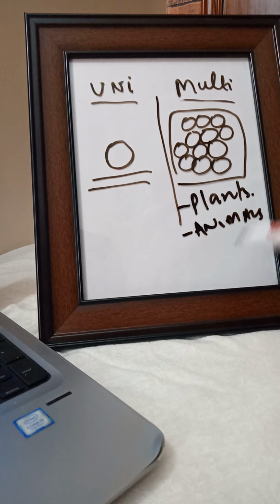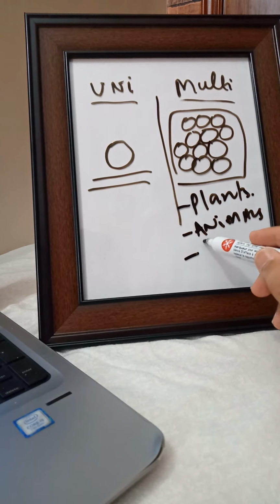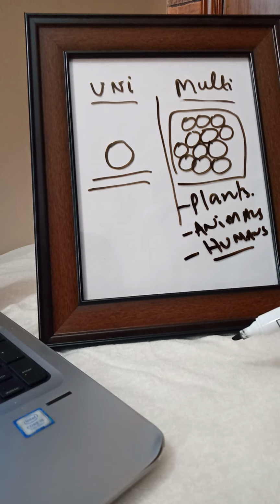I can see cats, dogs, fishes, or other animals just moving around, even the birds. These animals are composed of too many cells. That's why I can see them very easily. And even, of course, humans. We are also multicellular organisms, just like other animals, and we are also composed of too many cells. That's why we can see each other.